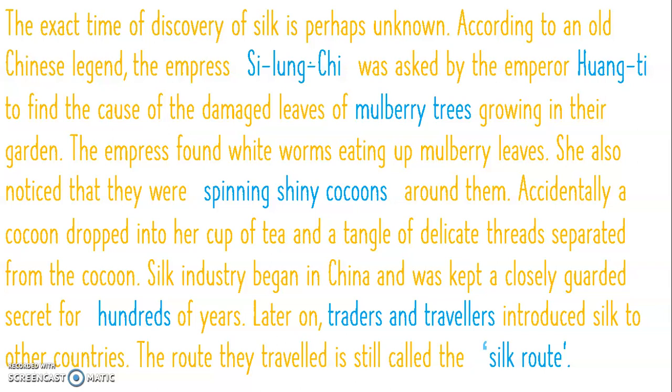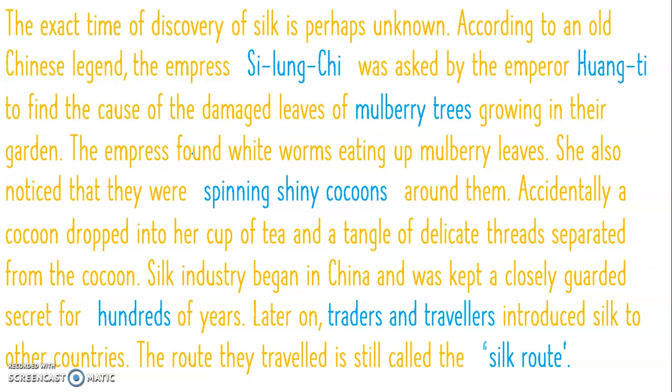But according to an old Chinese legend, the Empress Si Ling Chi was asked by the Emperor Huang Ti to find the cause of the damaged leaves of mulberry trees growing in their garden. So the empress and the emperor had a garden, and in that garden they had mulberry trees.